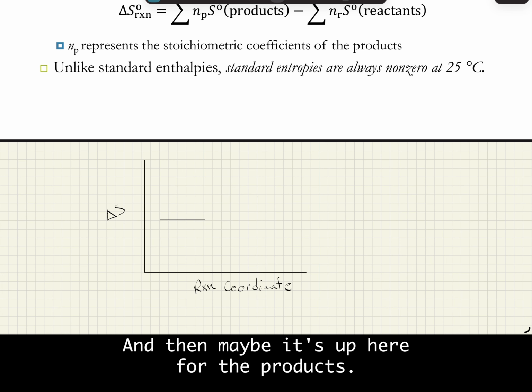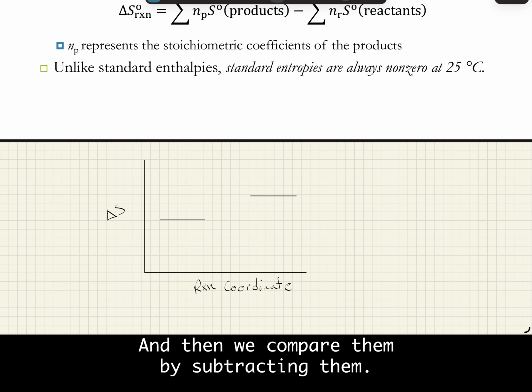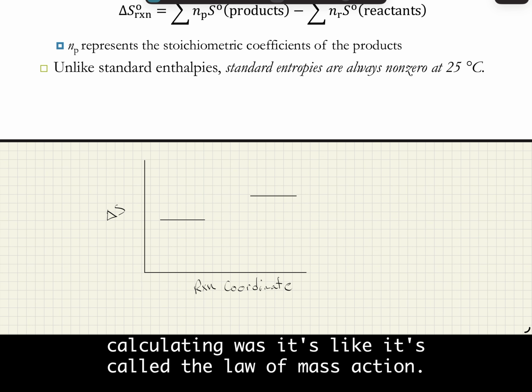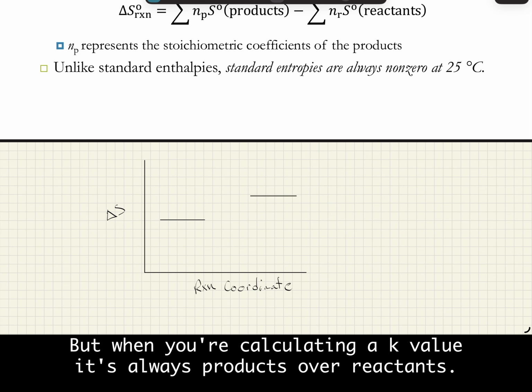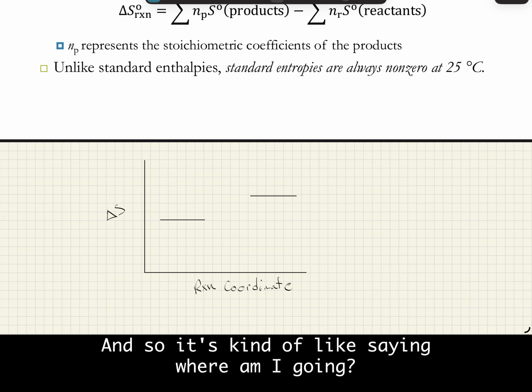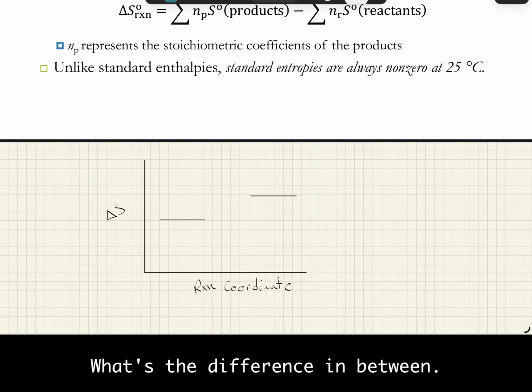So it might be this, and then maybe it's up here for the products. What is it for my products? So we're calculating those two levels, and then we compare them by subtracting them. And just like calculating, it's called the law of mass action, but when you're calculating a K value, it's always products over reactants. This is always products minus reactants. And so it's kind of like saying, where am I going? Where did I start from? What's the difference in between?